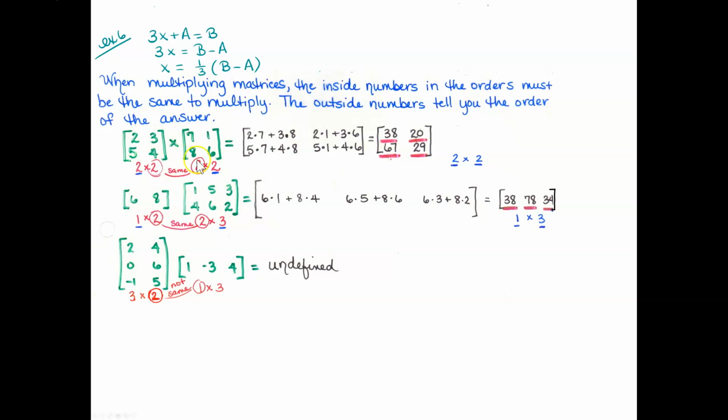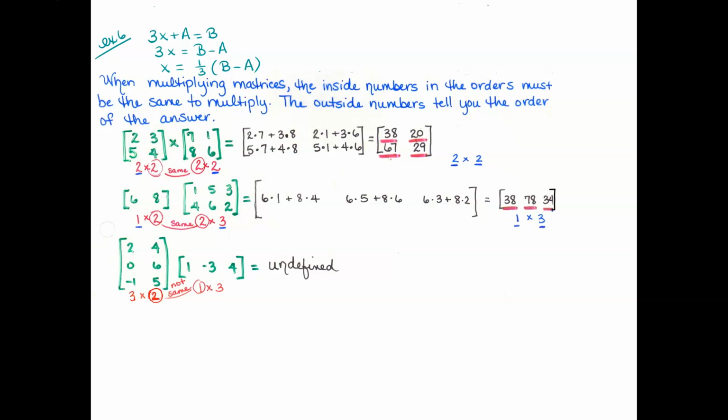All right, if I want to know what goes in the first row, second column, I'm going to multiply first row by second column. So I'm going to multiply my first row 2, 3 times my second column 1, 6. So 2 times 1, 3 times 6 is where I'm getting that 20.